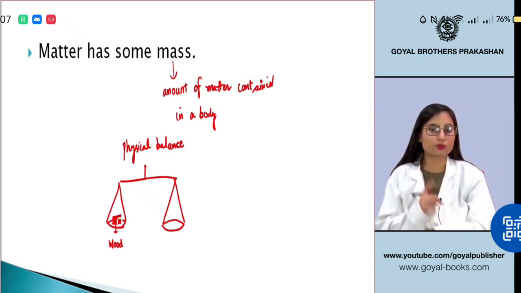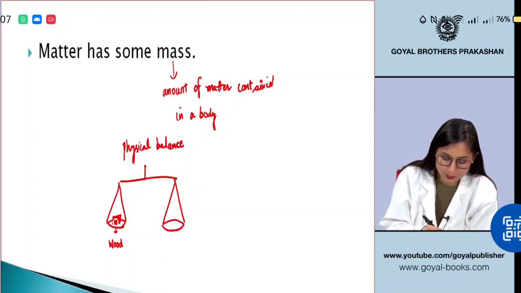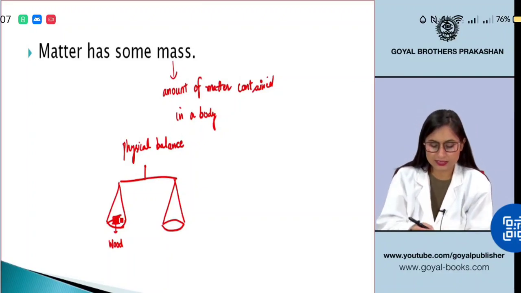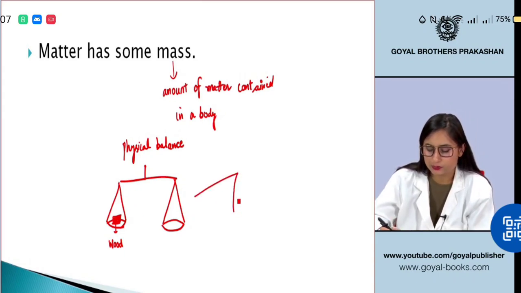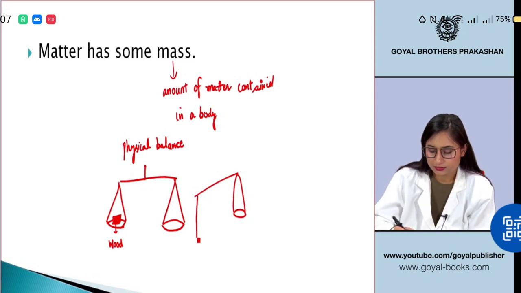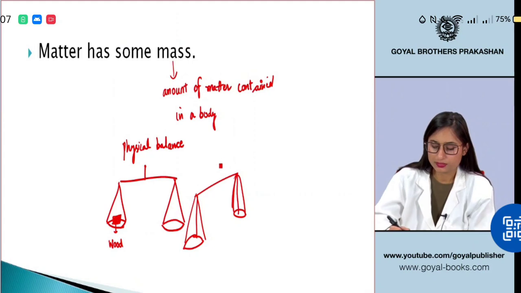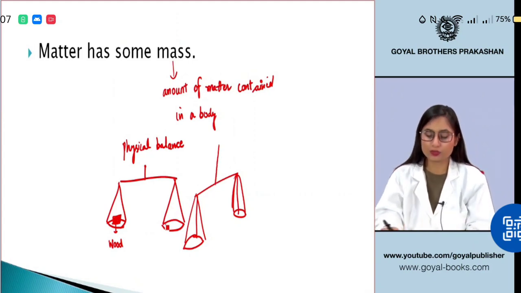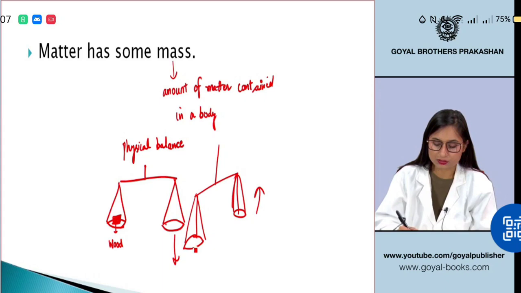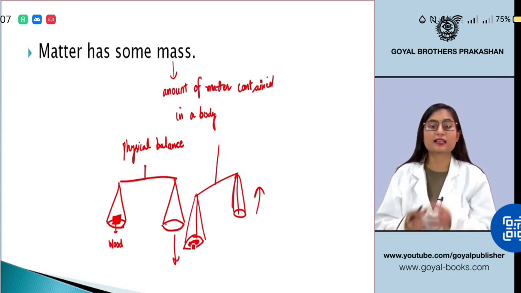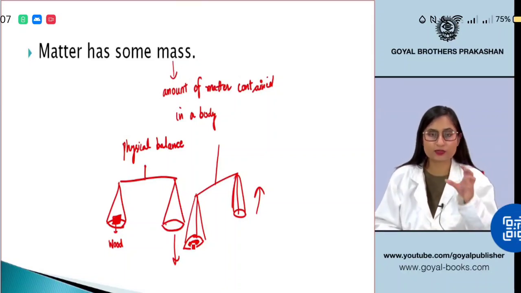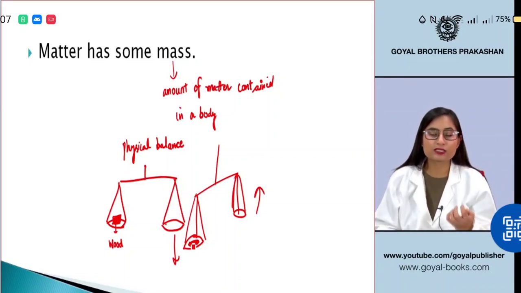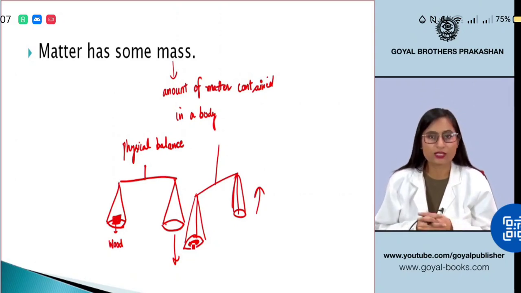If you put one wooden block on one side of the balance, you will see that this side of the balance goes down. The balance will look tilted. It will look like this, that this side will rise up and this side will go down. Why is that? Because the wood has some mass, which is why the balance tilts and the side which has the wooden block comes towards the earth due to the gravitational force, correct?